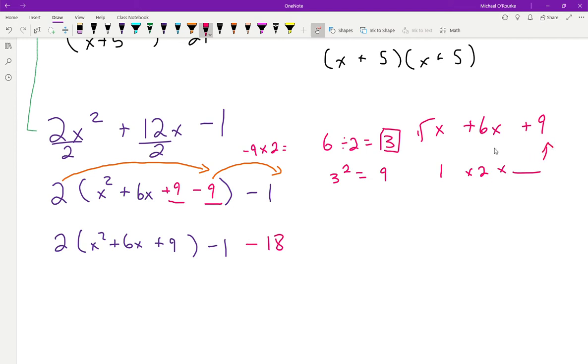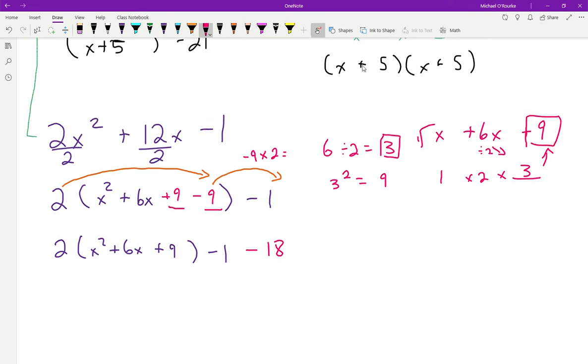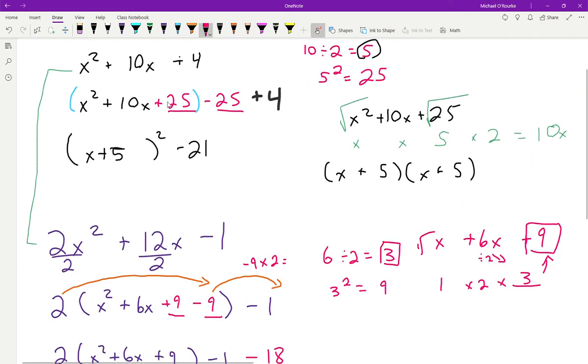And that number is always this number here divided by 2. So 1 times 2 times 3 equals 9, and that's a perfect square. Just like this one, to make this number here, we got 10 divided by 2, which equals 5, and then 5 squared equals that number. So to find whatever number you're going to put in there, you divide this term by 2 and then square it.